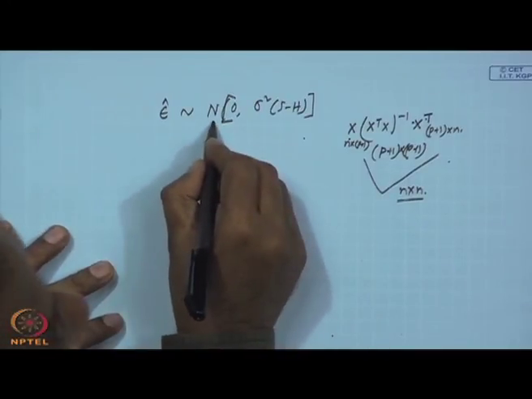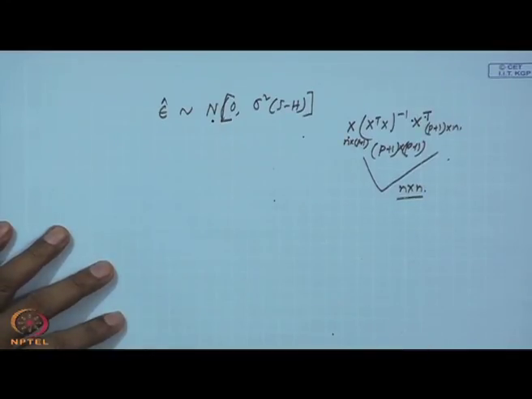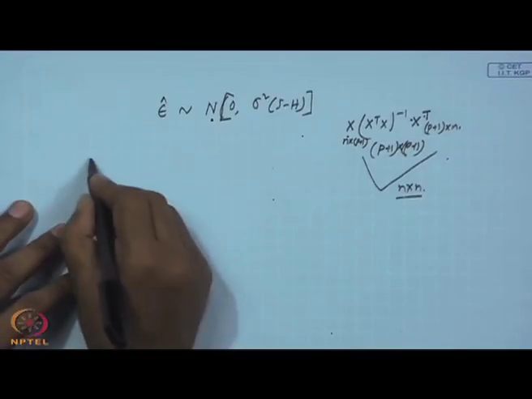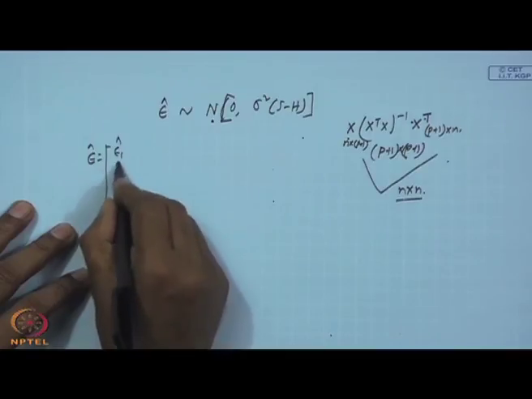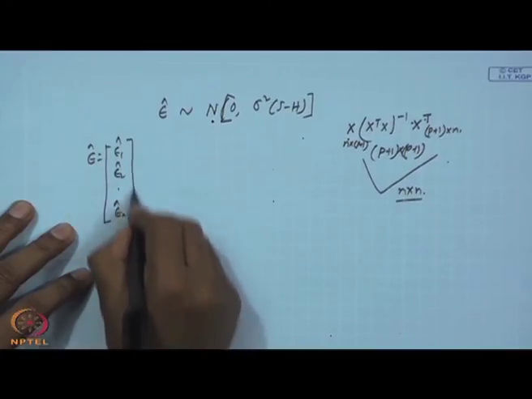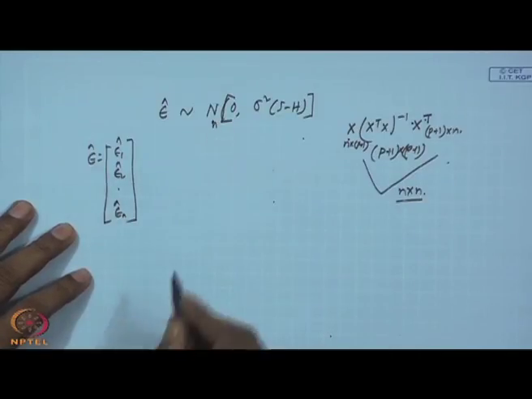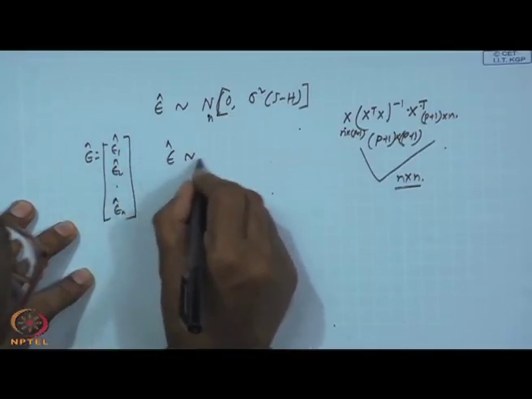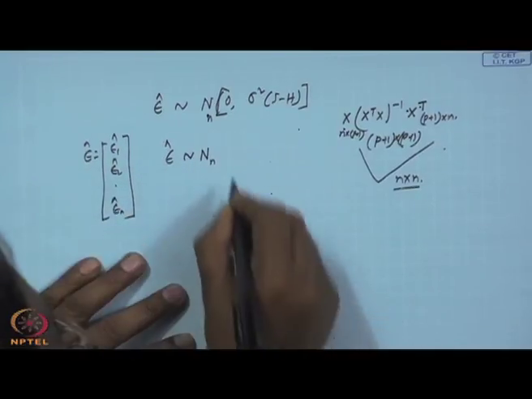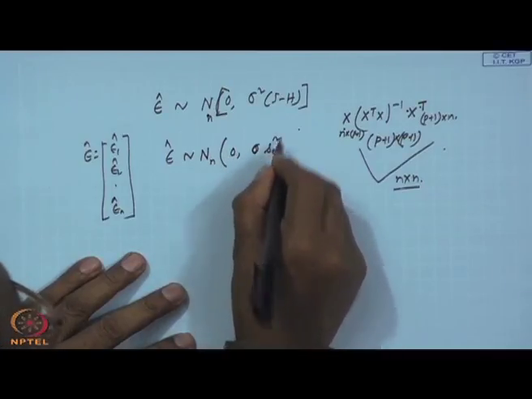So, this is multivariate normal with n dimensions, because you are getting epsilon 1 cap, epsilon 2 cap, like this up to epsilon n cap, all values. So, it is n. You can write it as multivariate normal with n, mean 0, and covariance sigma square I minus h.